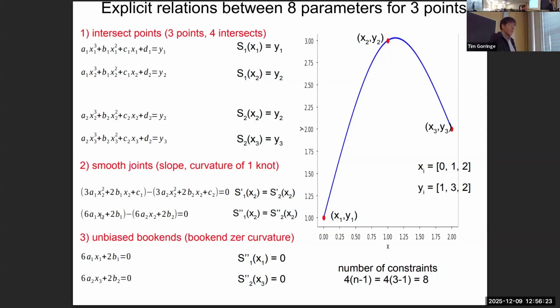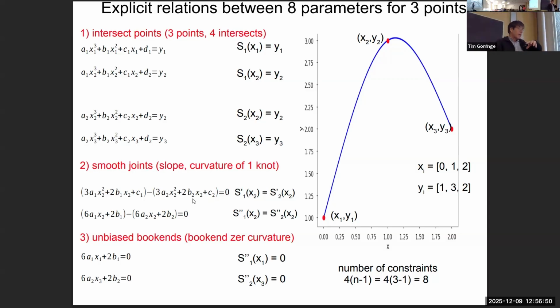And if you look at the second equation, you can spot that these are the second order differential of the first cubic here on the left, the second order differential of the second cubic here on the right, and I'm just enforcing that they're equal, that their difference is 0. And so these are the smoothness constraints. So that gives me 2 more constraints. So we've now got 6 of the 8 that we need.